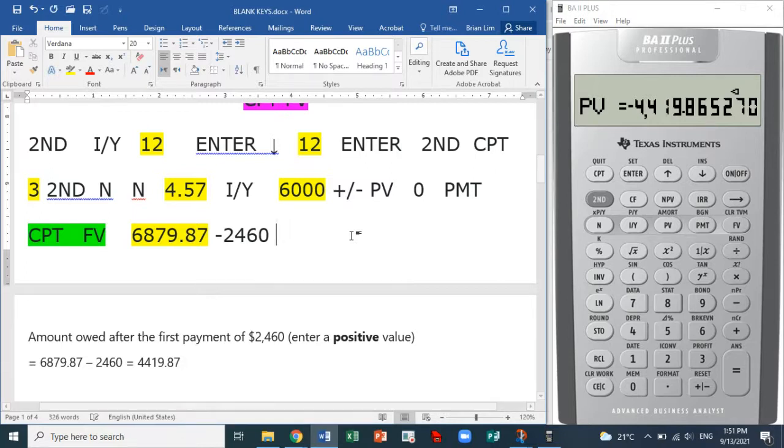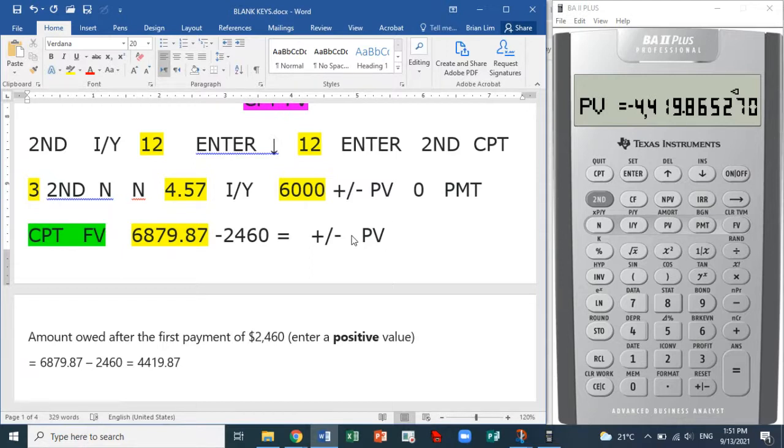So we press what? Equal. And then we press plus-minus, and then we press EV. Okay, so then we've moved to the next part of the calculation.